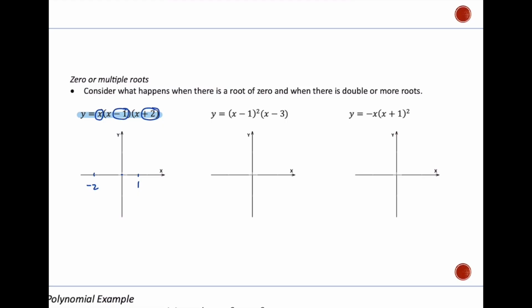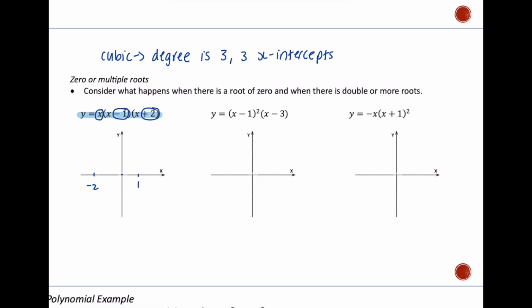So I have 3 intercepts, and with a cubic, the degree is 3. Notice in this case, I have 3 x-intercepts. We're going to touch on what that looks like in the other 2 examples as well.